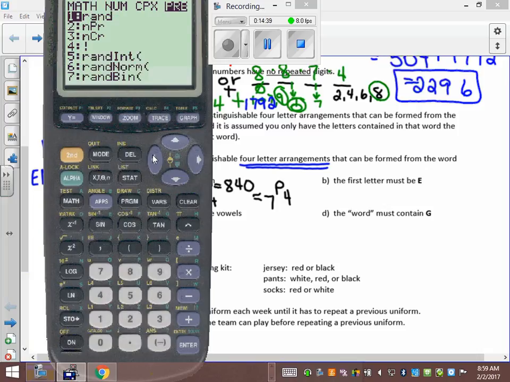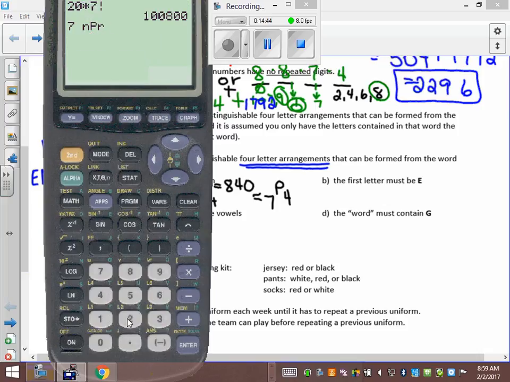And we pick 2 because it's nPr. And then we pick 4. Now the catch is that in nPr, this n has to be bigger than the r because it's saying I have 7 and I'm picking 4. I can't say I have 4 and I'm picking 7. That doesn't make any sense, correct? If I have 4 and I pick 7, they'd say, you can't, you have 4. So this number here always has to be bigger than or equal to this. So n has to always be greater than or equal to r. Okay? And then we just press enter. And we get 840, same answer. Okay?